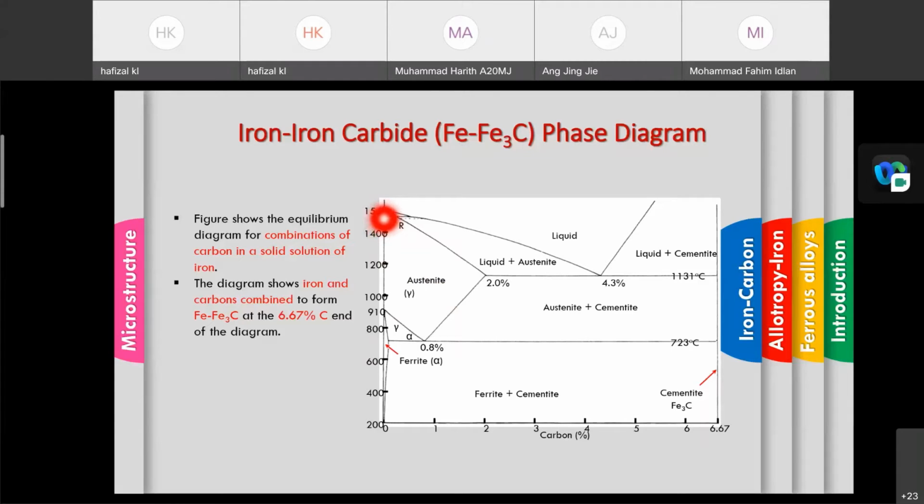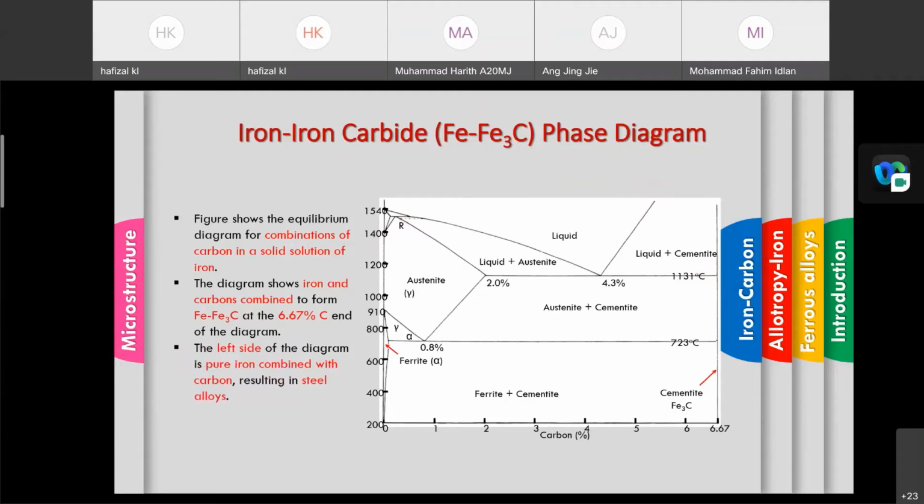So this is the region of the austenite, and then there is a liquid region here, and then the transition region, liquid plus austenite, and this region is the liquid plus cementite. And then this one is the area of the cementite at 6.67.